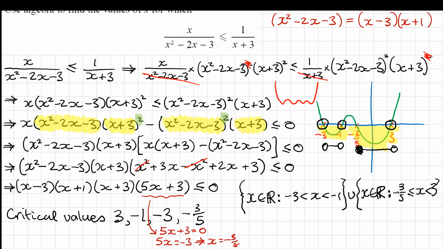So it's important that you get that, and you exclude any values that are going to give us 0 in the denominator. So that would be the solution to this question here. As I said, there are other ways in which you can give your answer in set notation.